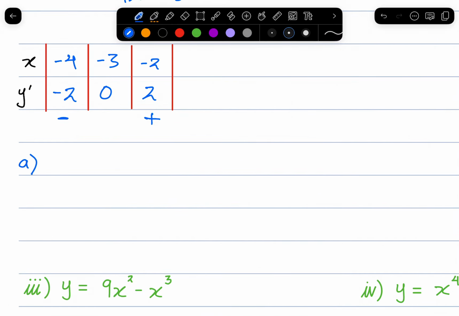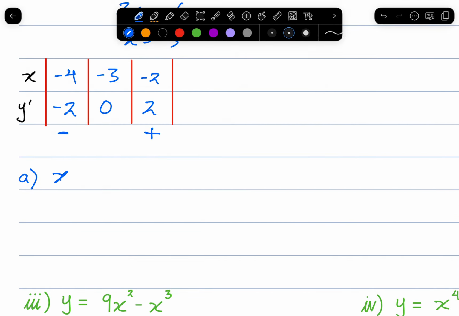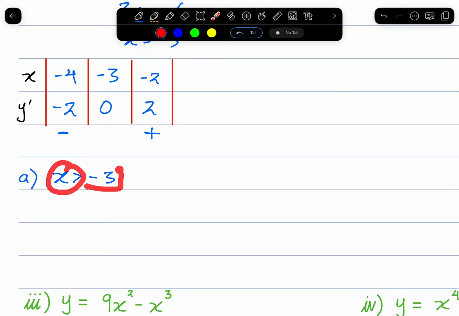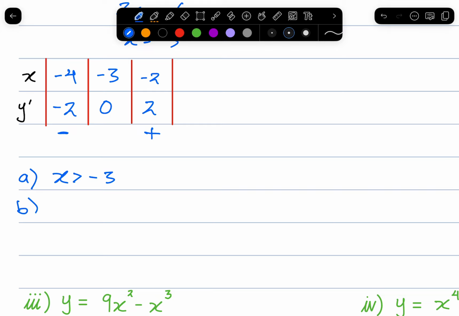For the increasing, we can say x is greater than -3. So anything above, x is above -3, will give me a positive gradient, which will be increasing. And obviously anything below that would be decreasing.